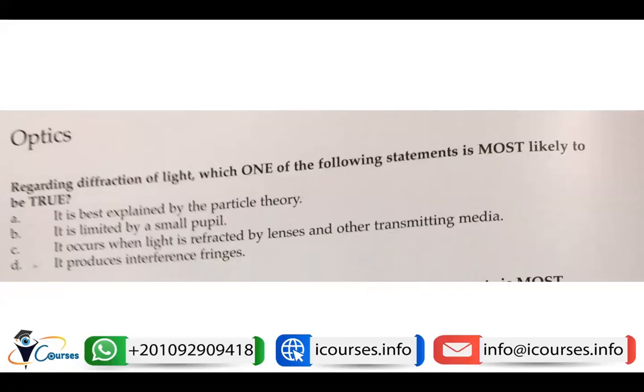So the smaller the pupil, the smaller the diffraction? Exactly. Actually, the smaller the pupil, the more the diffraction. So it is not limited by a small pupil. So would you like to think of another answer?